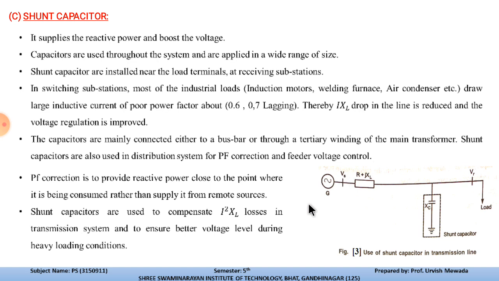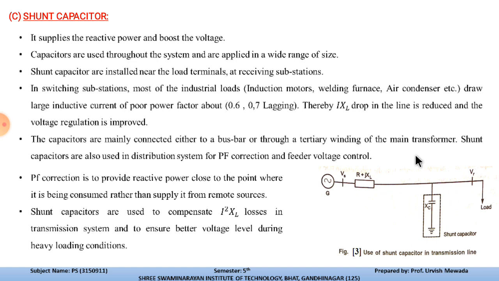Power factor correction provides reactive power close to the point where it is being consumed rather than supplying it from remote sources. So wherever remote sources are there, we can use this capacitor bank to maintain the reactive power of the transmission line.